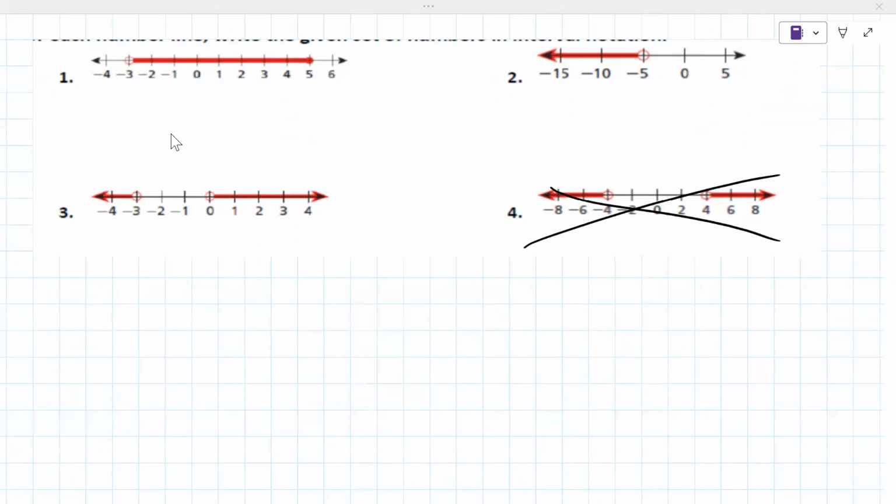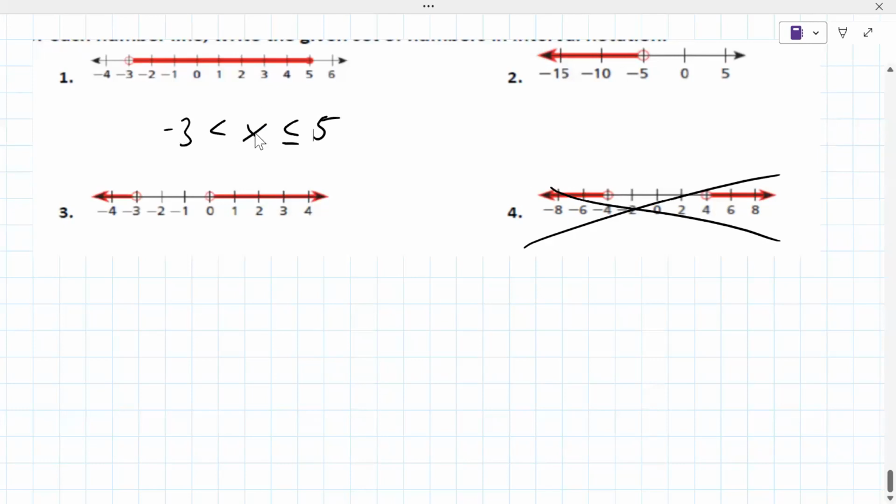Okay, so the first one is like this. Is that what you have? Yes. Okay, now there's a couple ways to read this, but the best way is to say x is between -3 and 5, -3 exclusive, 5 inclusive. Or say x is between -3 and 5, exclude -3, include 5.